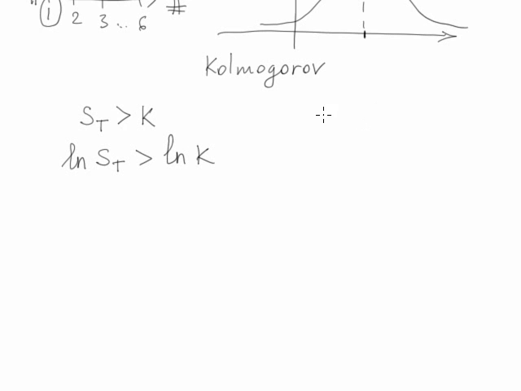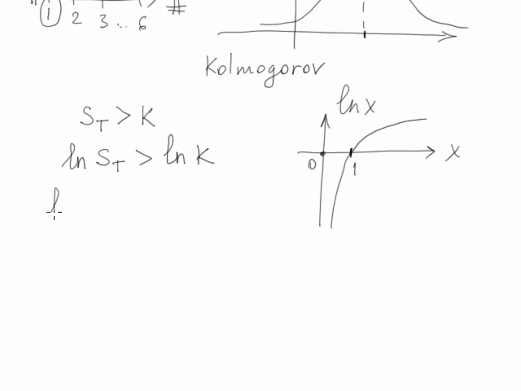The natural log is a monotonic function, and so one can conclude that if we take the logarithm of both sides, we will have this equation.